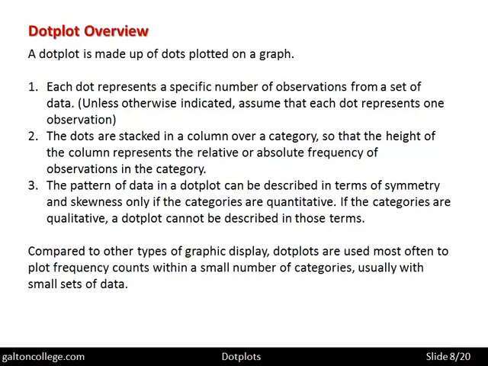Compared to other types of graphic display, dot plots are used most often to plot frequency counts within a small number of categories, usually small sets of data. And dot plots are most effective when we're dealing with small amounts of data. With a large amount of data, dot plots are not a good way to go. It doesn't look good, and it's difficult to do as well.